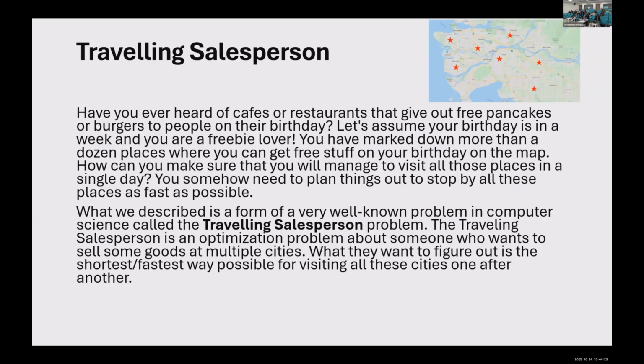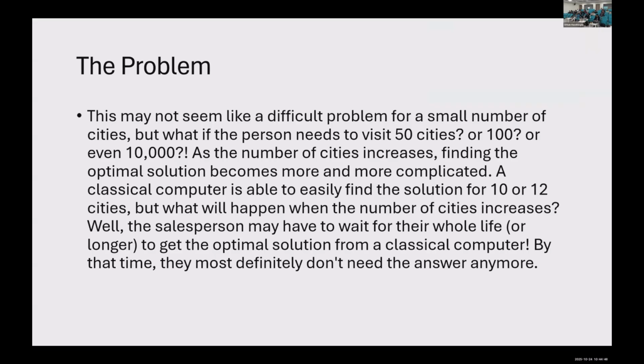What we described is a form of a very well-known problem in computer science called the traveling salesperson problem. The traveling salesperson is an optimization problem about someone who wants to sell some goods in multiple cities. What they want to figure out is the shortest and fastest way possible for visiting all these cities one after another.